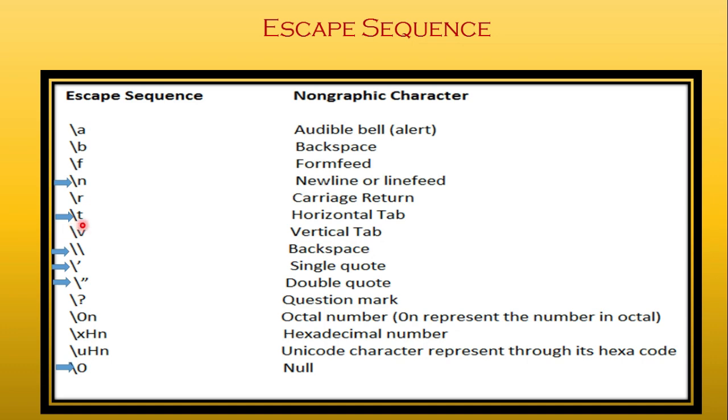After that, world will be printed. Next, in order to represent backslash, use double backslash. I told you all three. This is null. As an escape sequence, if you want to represent null, then \0.